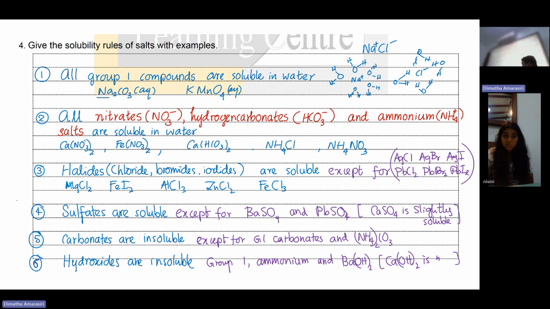So easy. Usually hydroxides are insoluble, except for group 1, ammonium, barium hydroxide and calcium hydroxide. Slightly soluble: calcium sulfate and calcium hydroxide are slightly soluble. I'll tell you where that will be important. Just for the moment, remember that.